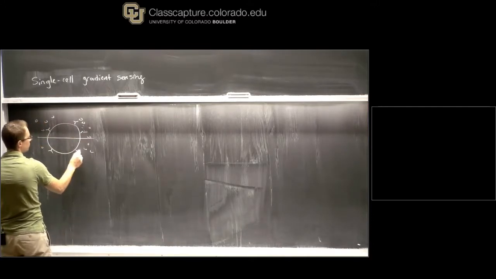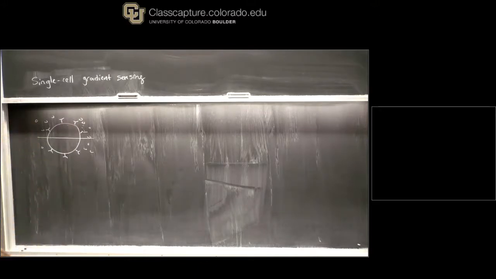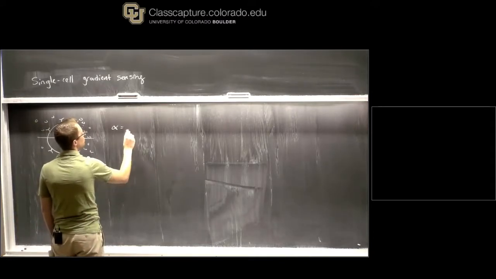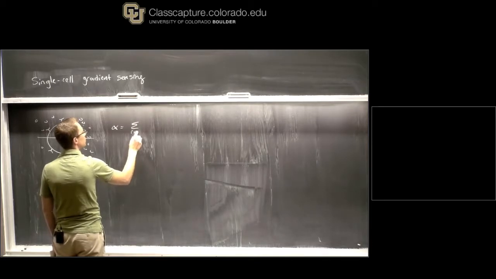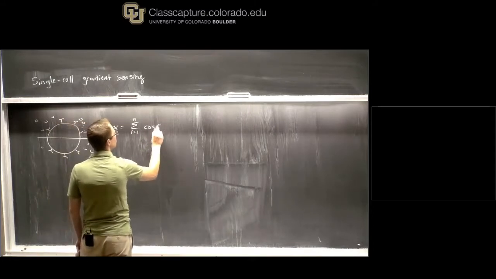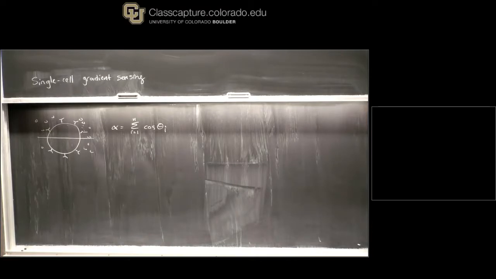And we proposed that a statistic that it could measure, which we called the anisotropy, would just be the sum of the cosine of the angle of incidence of each of the molecules that it counts.